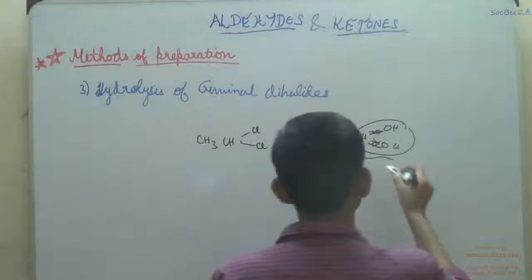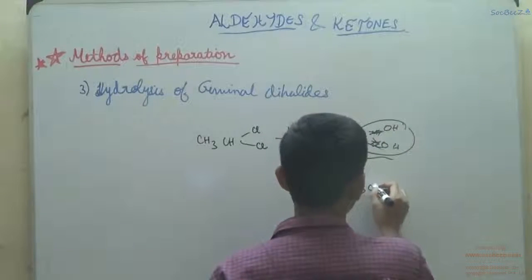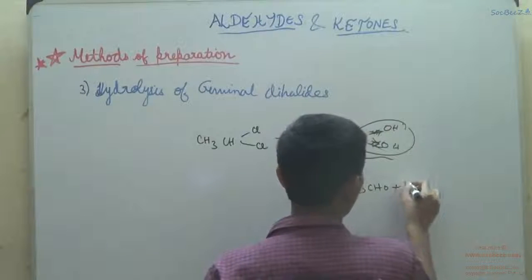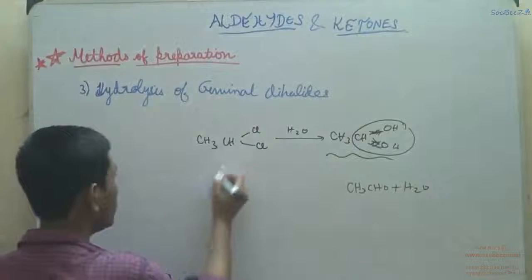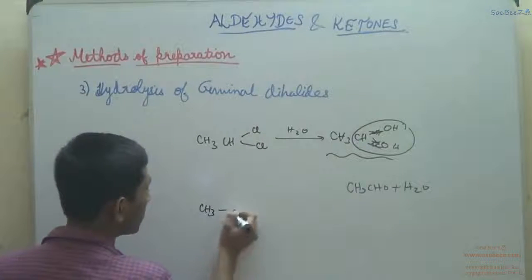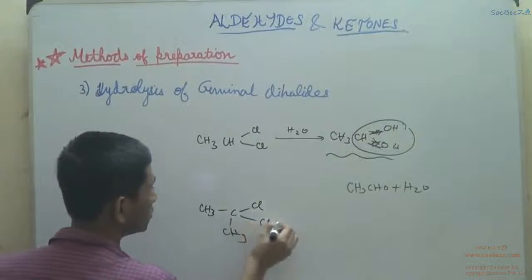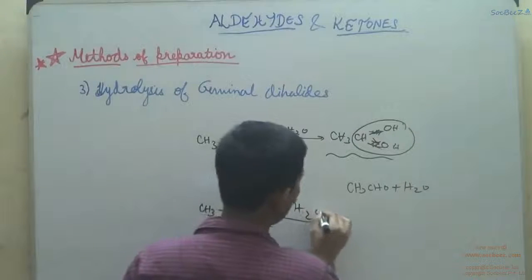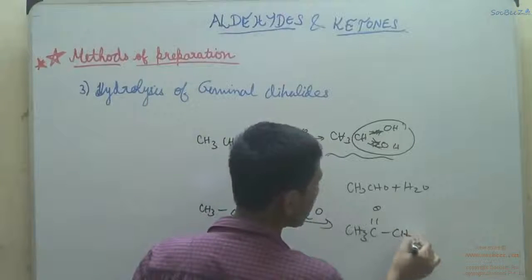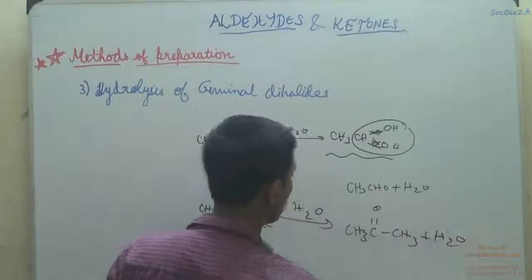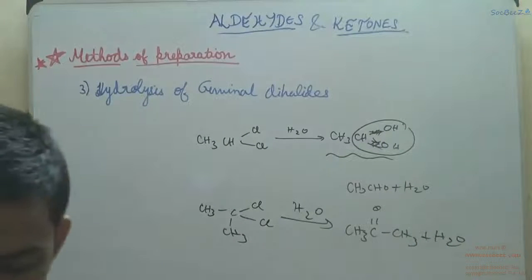So what happens is this disintegrates, leading to a water molecule plus your aldehyde or respective ketones. Here instead of H, if I take CH3, then I'll get acetone. So that was hydrolysis of geminal dihalides.